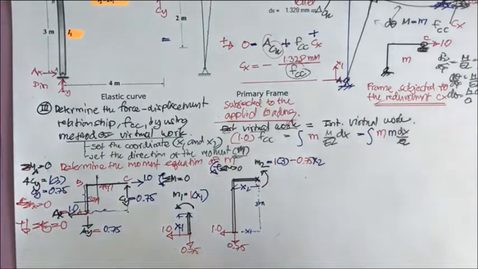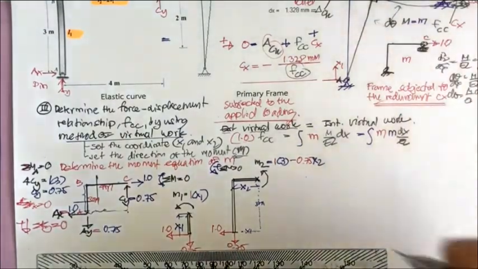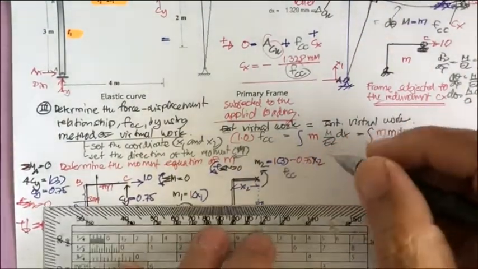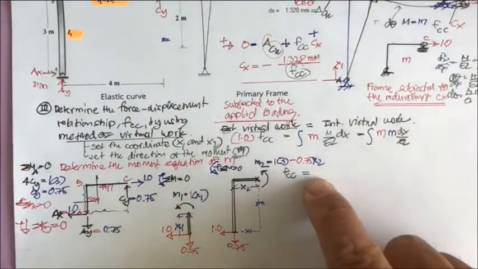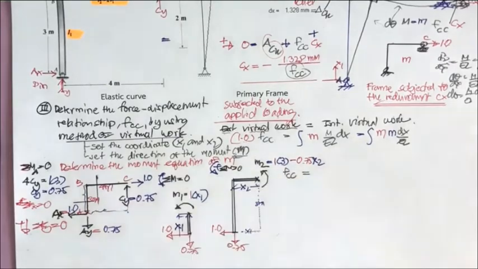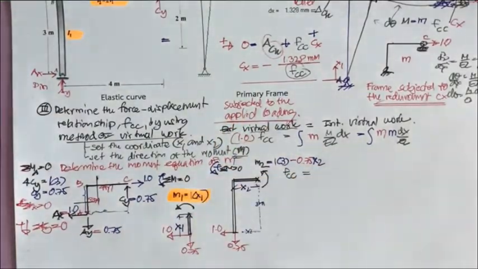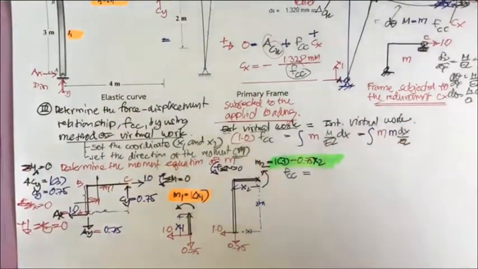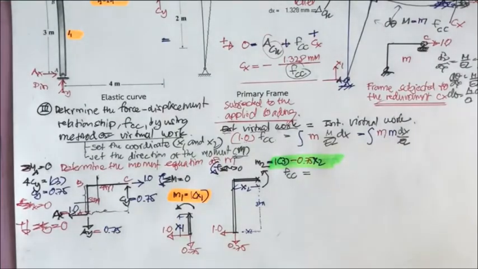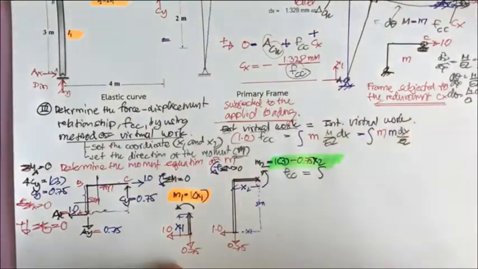Now you put back into this, you have the equation for f sub cc is going to be equal to, so this one, integration of what? Integration of this one squared, and also the integration of this one squared. So f sub cc is going to equal integration.